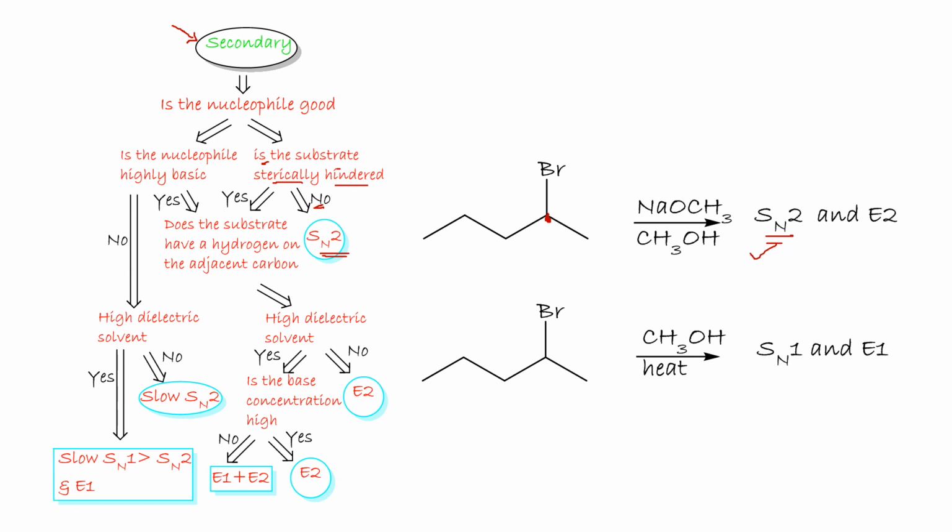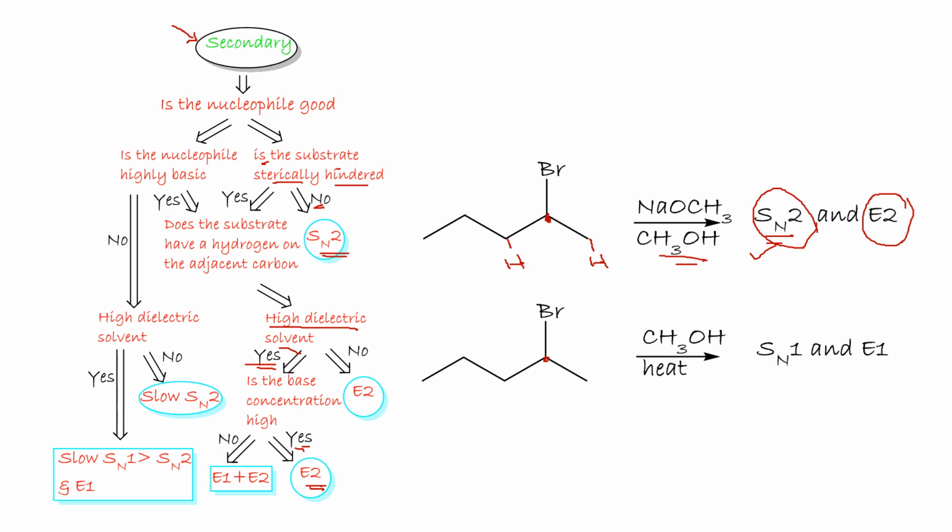Yeah, we have hydrogen in here and in here. High dielectric solvent? Yeah, methanol is a high dielectric solvent. Is the base concentration high, sodium methoxide? It depends on the concentration. If the concentration is high, it's E2. So we have E2 as well as SN2 in the first example.